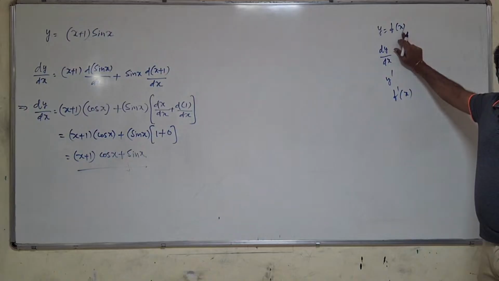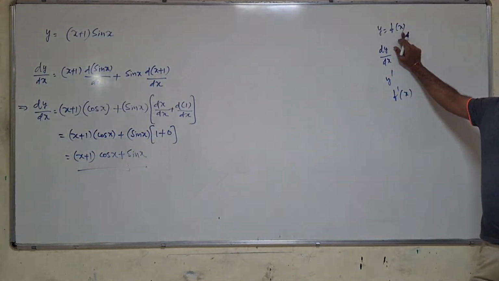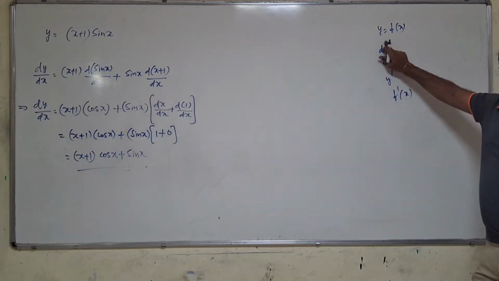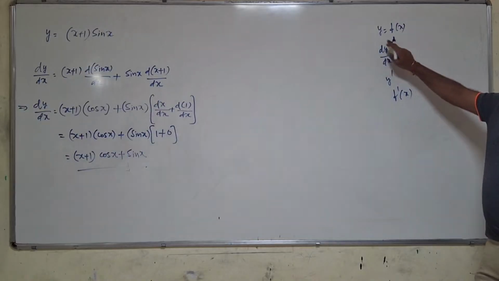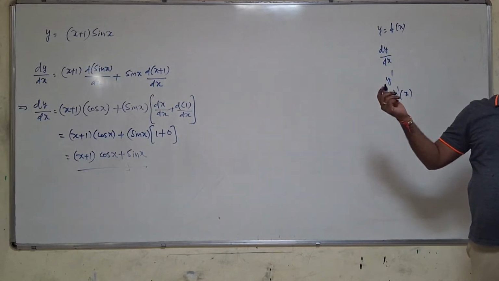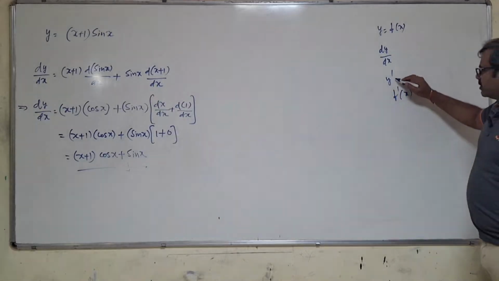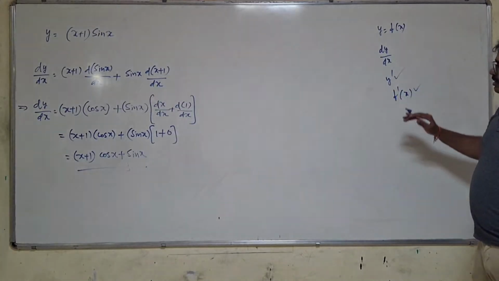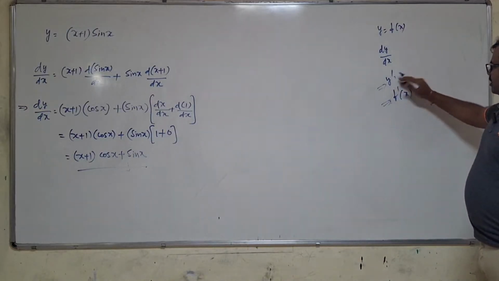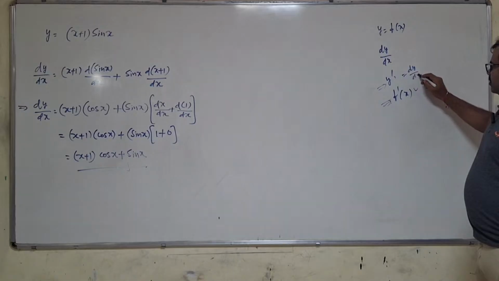Derivative of f of x, or rate of change in f of x with respect to x. y dash means what? Derivative of y with respect to x. dy by dx also means the same, derivative of y with respect to x. So don't get confused when you look at these two symbols. They are equal to dy by dx. So they are derivatives of y with respect to x.